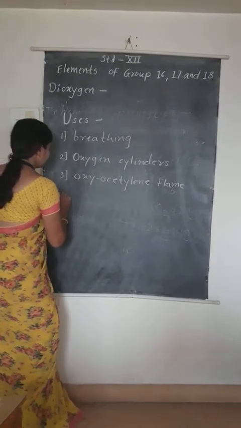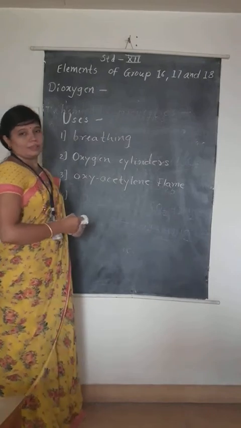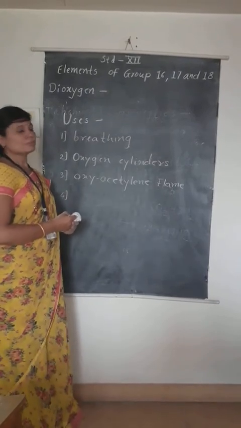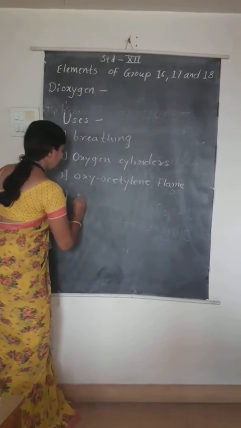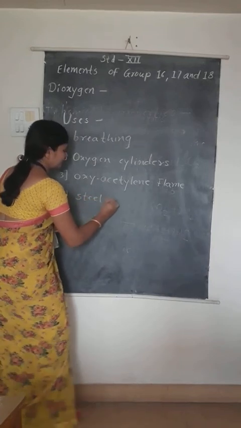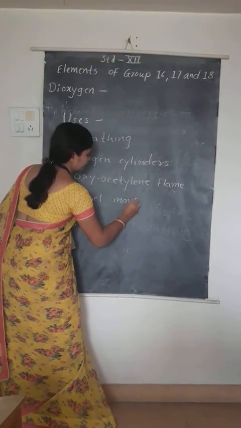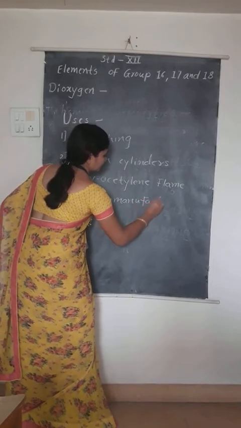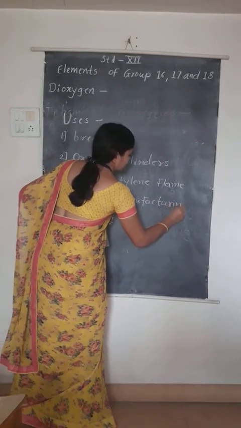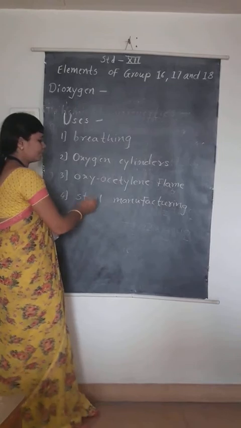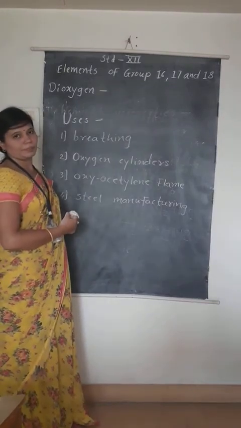Then next, this dioxygen, it is used in the manufacturing of steel. It is used in steel industries for the manufacturing.